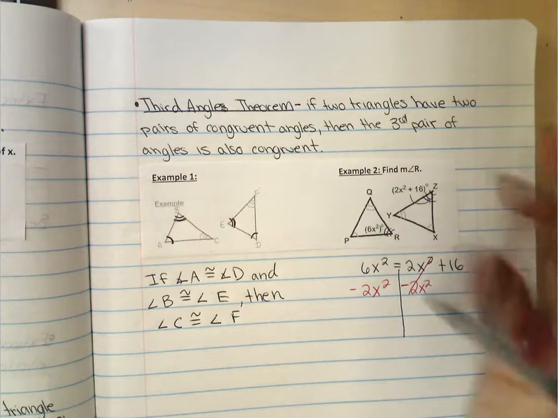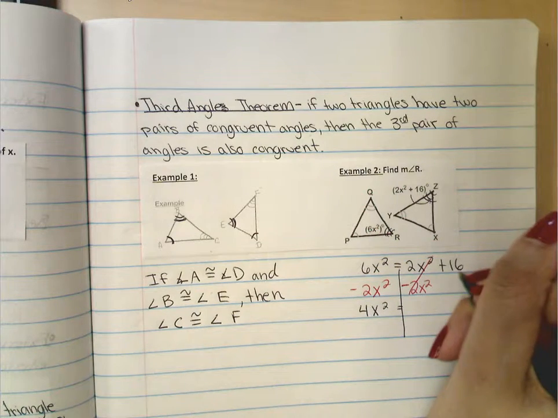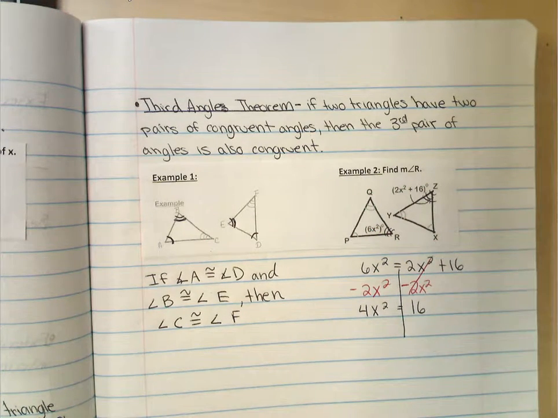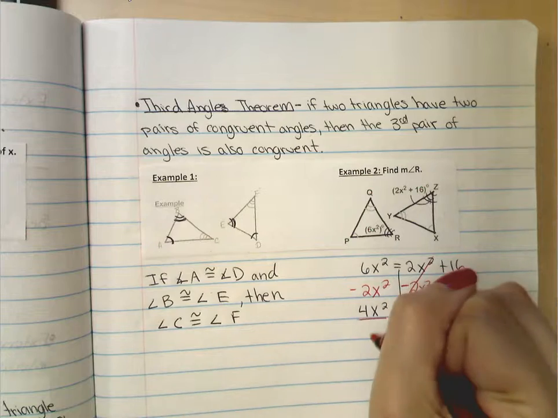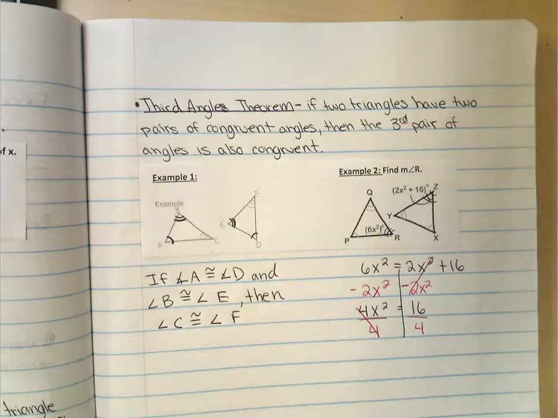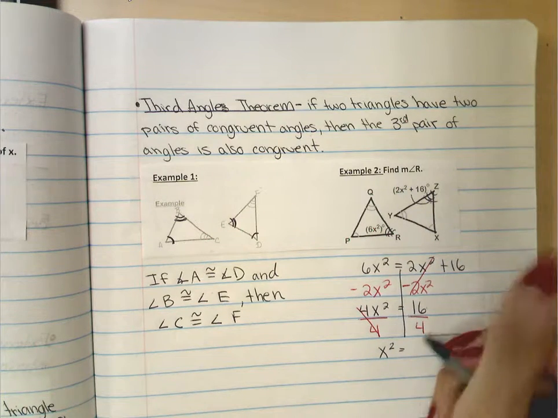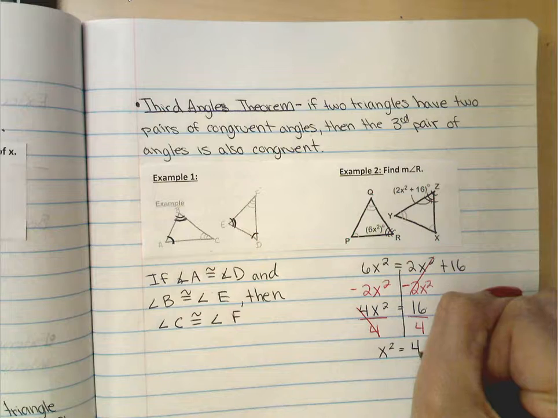So 6 minus 2 gives me 4, and I have 16 left. The next thing I have to do is get rid of the 4 first. I do that by dividing, and I have x squared equals 16 divided by 4, which is 4.